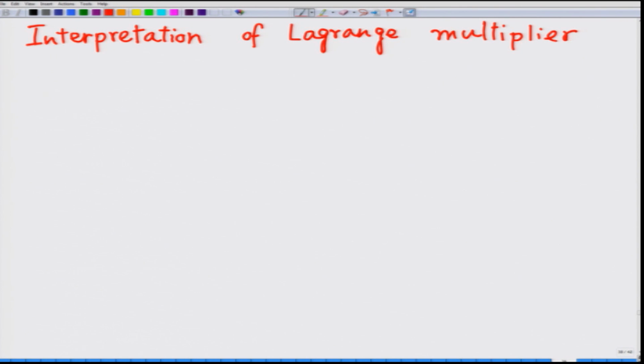Now, we can approach this interpretation in 2 different ways. So, in a general case where we are dealing with k constraints, we can write, and this is the first way of looking at it.